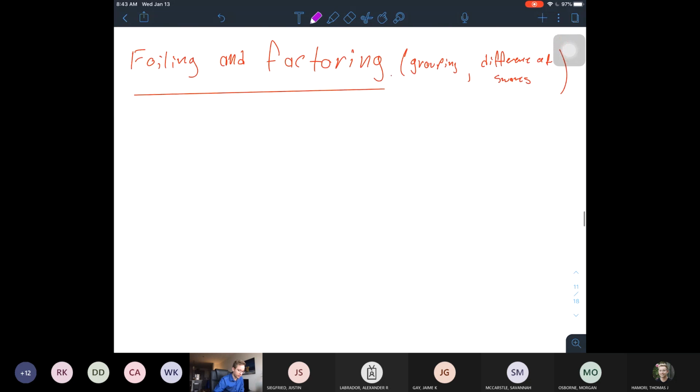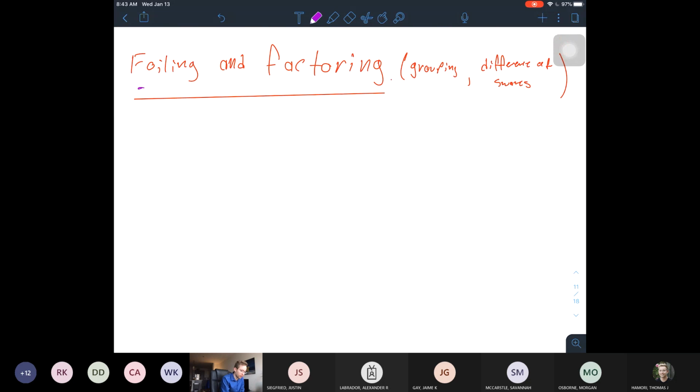So now let's talk about foiling and factoring. In fact, we already talked about foiling because we already talked about multiplying polynomials together. So let's talk about how we factor polynomials. If we have x plus 3 and x plus 7, we can FOIL this.